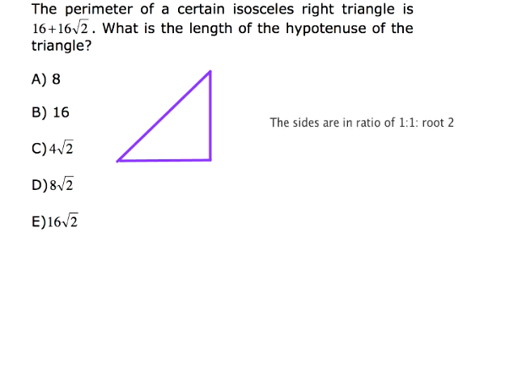So if you are going to use an algebraic approach, which again you certainly don't have to, but it's what we're going to do first here, you can just let that be x, and that can also be x, and that can be x square root 2. So the sides are x, x, and x square root 2.